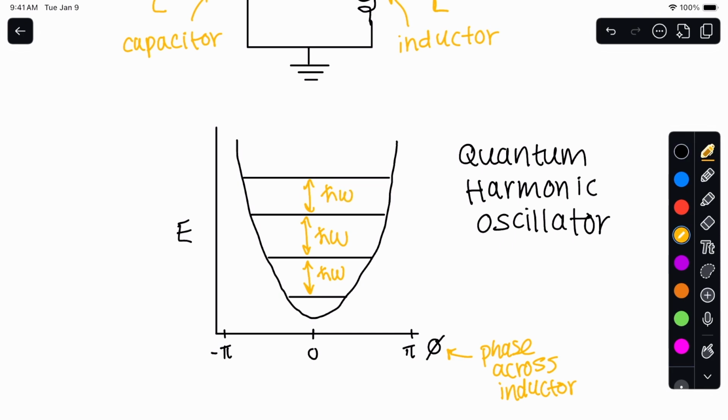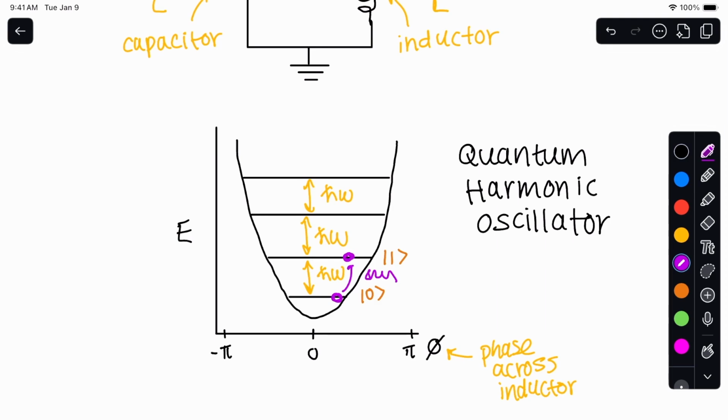There's a slight problem here, which is that we know our qubit needs to be a two-level system, so we can have a 0 state and a 1 state. Let's say we picked the bottom state to be the 0 state and the second state to be the 1 state. If we start in the 0 state, we could add a photon into the system, which can be absorbed and excite us up to the 1 state.